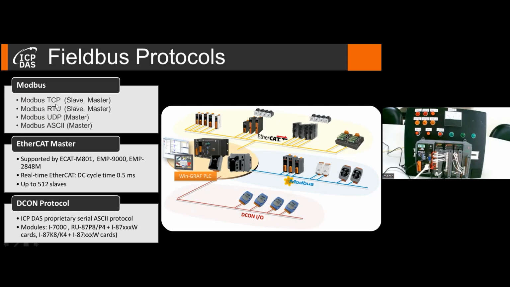This allows you to control several separated Modbus networks. EtherCAT communication, which is the main communication technology for our motion controller, is supported by Win-GRAF. In addition, there is the DCON protocol, which is ICPDAS's proprietary communication protocol for our serial fieldbus devices, such as the I-7000 series.